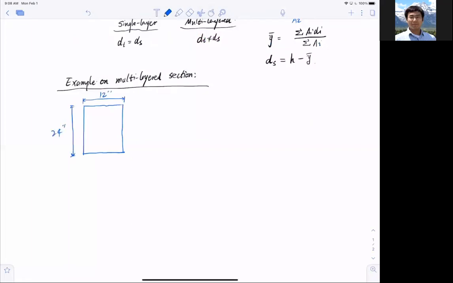And now I have bars, first row at the bottom here, 4 number 9 bars. And then I have a second layer which just has 2 number 9 bars. Quickly, when you see number 9, you immediately realize that number 9 has 1 inch squared of cross-section area. That comes in handy.